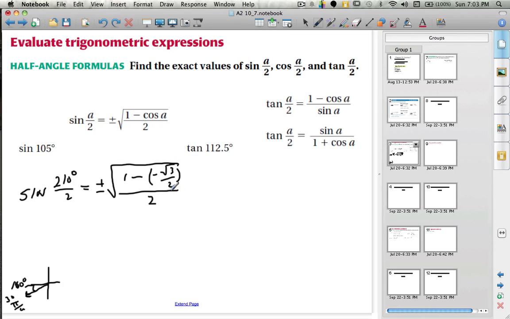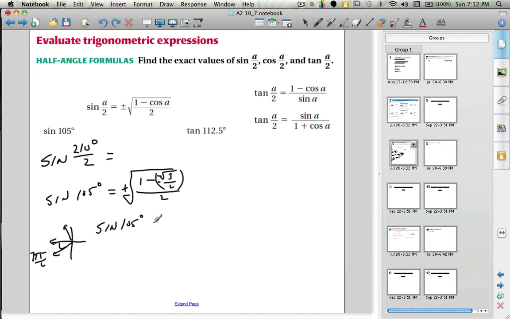So the sine of 105 degrees will be equal to plus or minus the square root of 1 minus negative root 3 over 2, all divided by 2. First off, I need common denominators. So 2 is the common denominator. 1 is 2 over 2. Minus a negative is going to become plus root 3 over 2, all divided by 2.